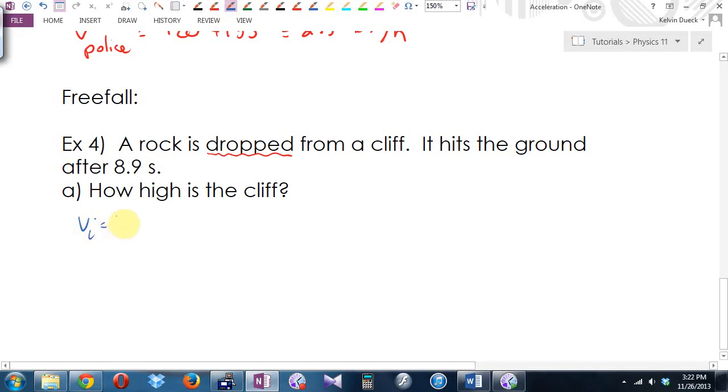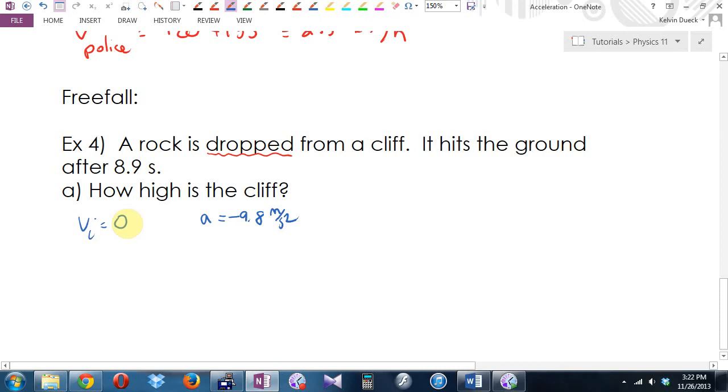Disagree. I think A is negative 9.8. But it does tell me VI, because this is meters per second squared, right? But it also tells me VI. What's VI? By the way, Chris, what's part A asking me to find?